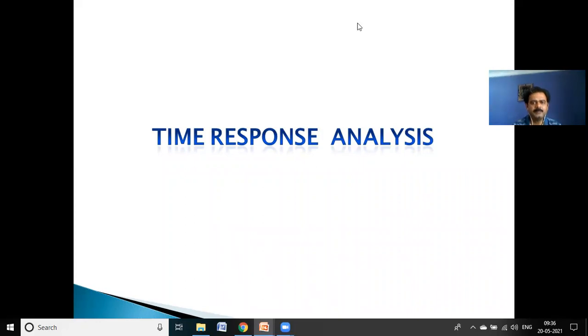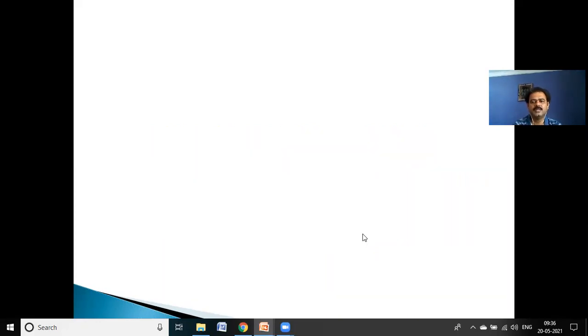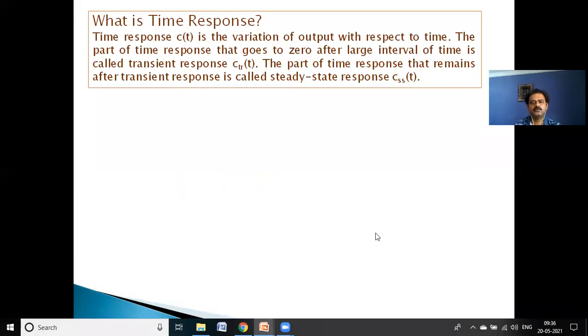In this chapter we are going to learn about the time response analysis. So what is the time response? The name itself shows: the time response C of t is the variation of output with respect to time.